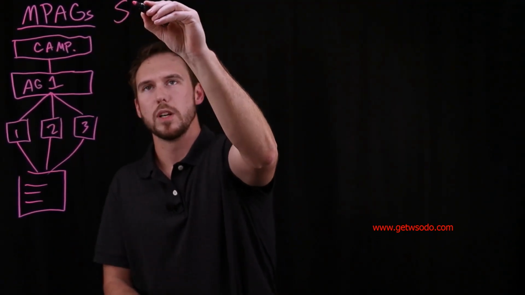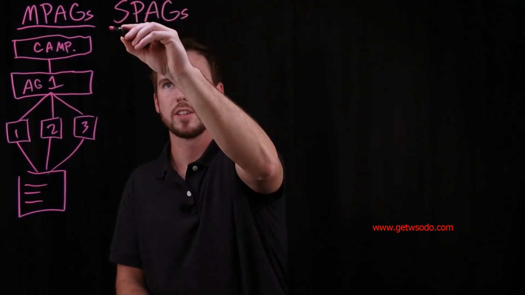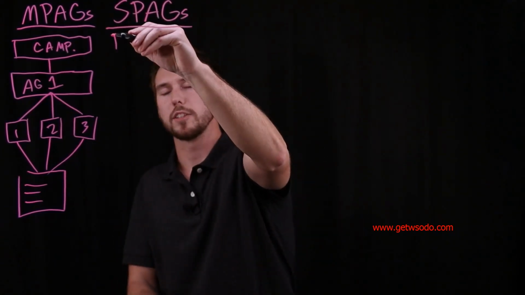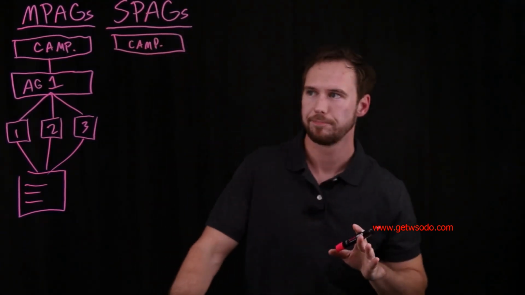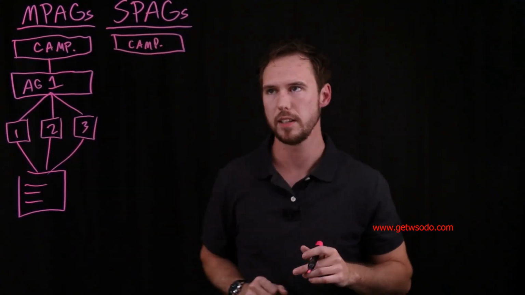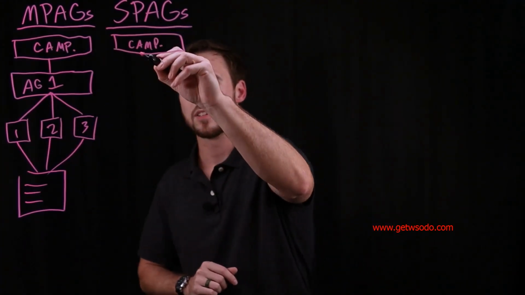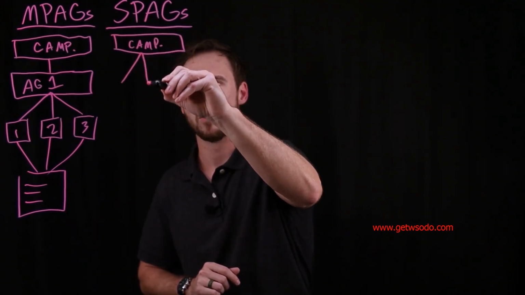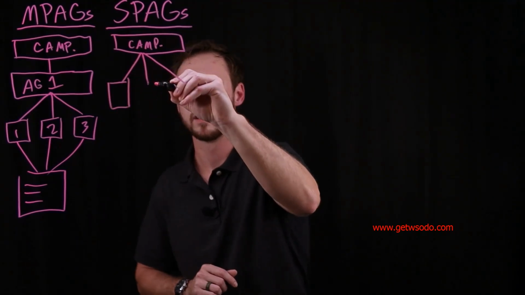But let's see what a single product ad group would look like. So we have our SPAGs. Just like multiple product ad groups, we'll have our campaign. Only this time, instead of just having this one ad group that has all 3 of our products in it, we're going to use single product ad groups, which means this campaign, instead of just having that one ad group in it, is now going to have 3.